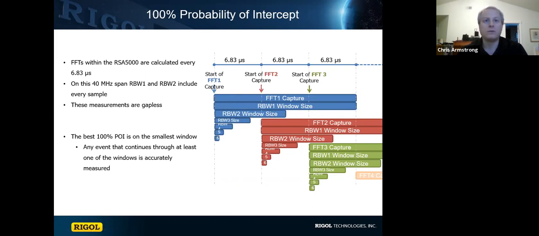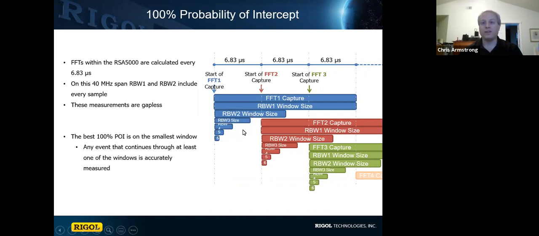And so why is that more accurate in power? Well, the trick is that when we're talking about short time duration signals like those Bluetooth access points or more exotic signals, if you have a signal that is only on for 3 microseconds, and it's in this range here, for it to be accurately measured in power, the RBW window has to be fully encompassed by the active RF signal.